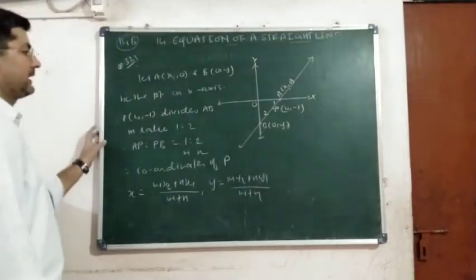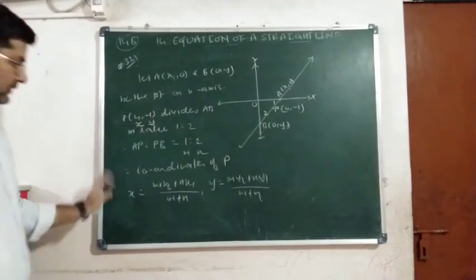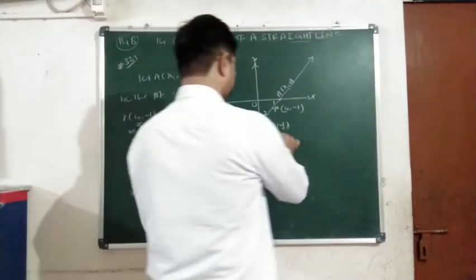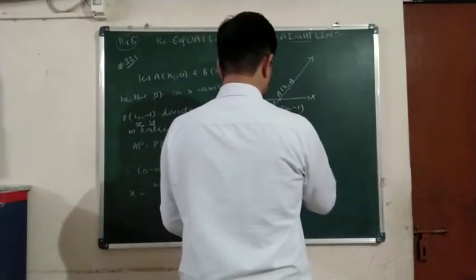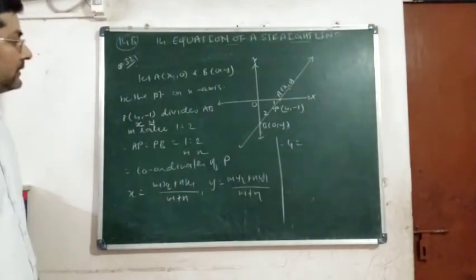Okay, x and y are the coordinates of P. Yes or no? So on the left side, x is 4 and y is -1. Okay, m and n are 1 and 2 respectively.